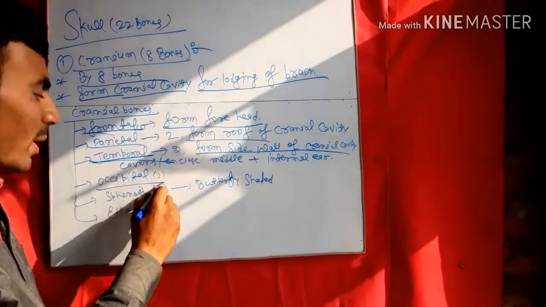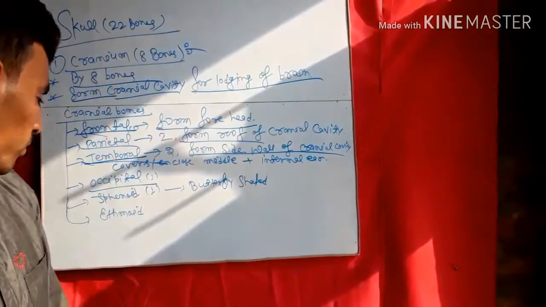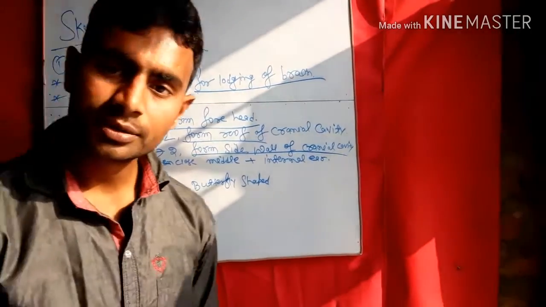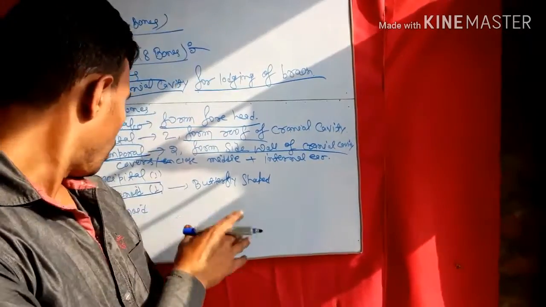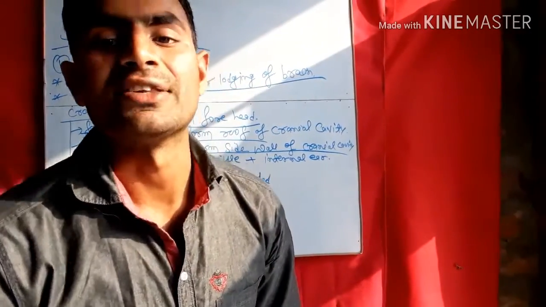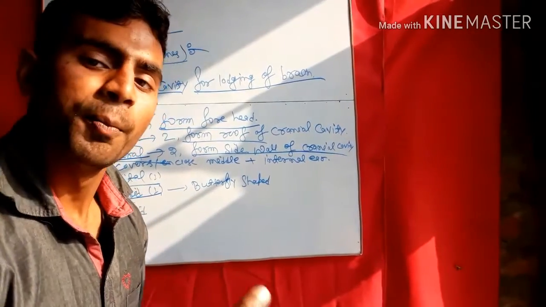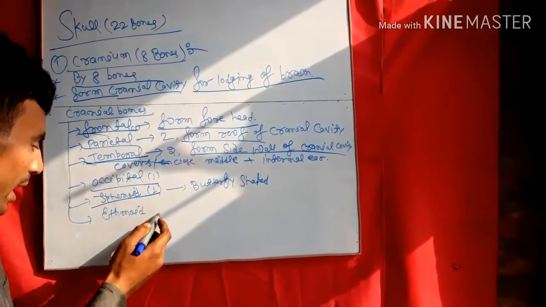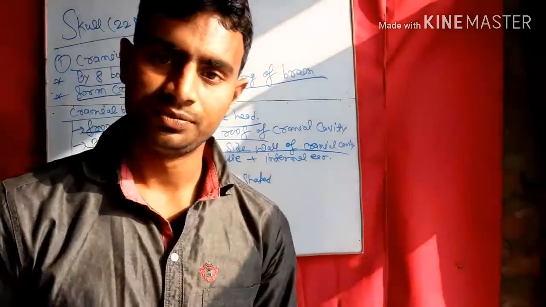Occipital bone number is also 1. Sphenoid bone number is 1, and its shape is butterfly shape. And last is the ethmoid bone, also one.